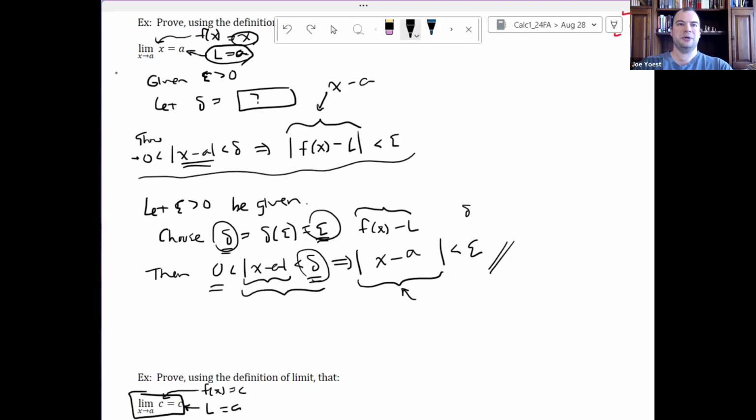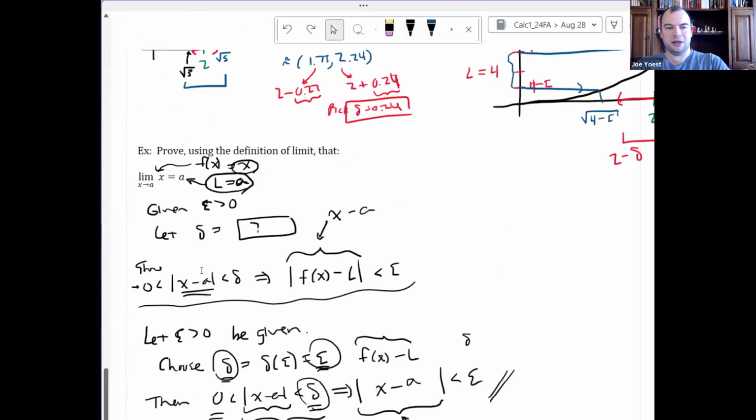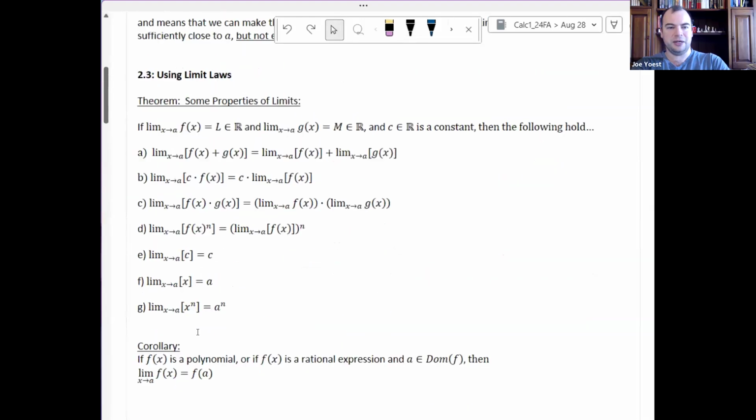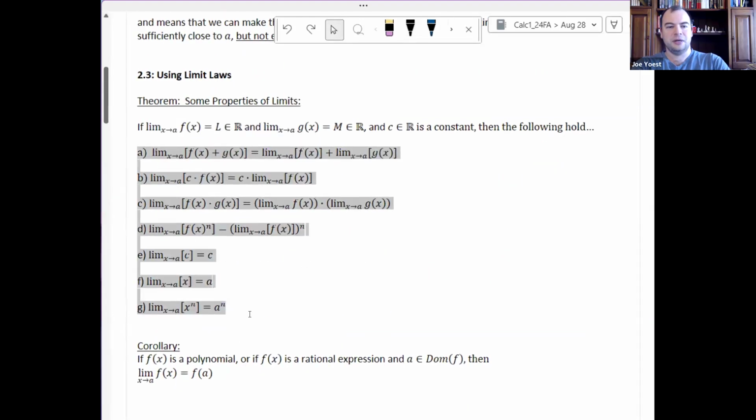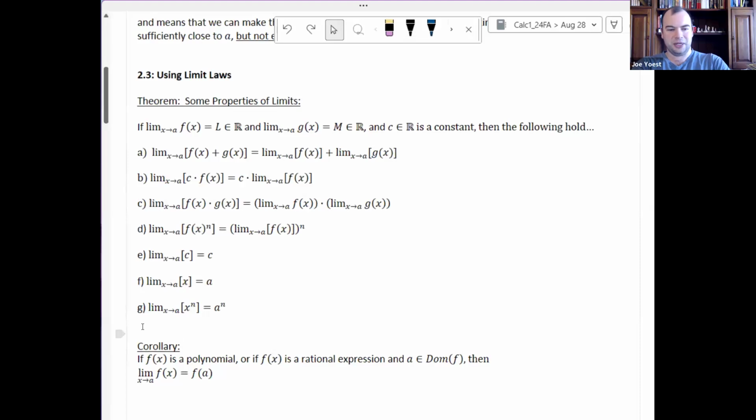And some others we would need to develop more mathematical tools in something like a theoretical calculus course before we'd be able to prove those. But we're going to be using the properties that we outlined way back at the beginning of the lecture, along with some other properties that we're going to build up, like this corollary, like the squeeze theorem, like some stuff that we'll see in the next couple of sections. We're going to use all of that.